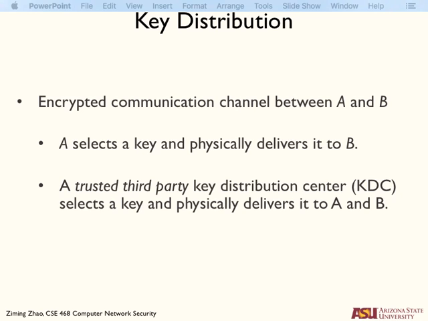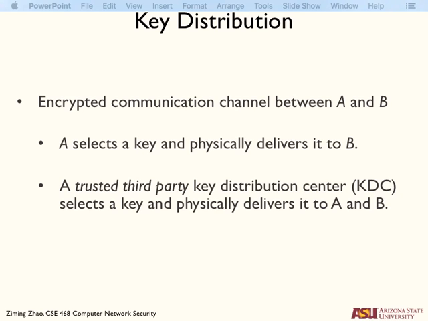Another way to do this is we have a trusted third party, and this trusted third party already maintains, yes? Sorry, can you say, does it mean like somebody walking there with it? Yes, maybe give you a USB drive, and the key is there, not over the network.